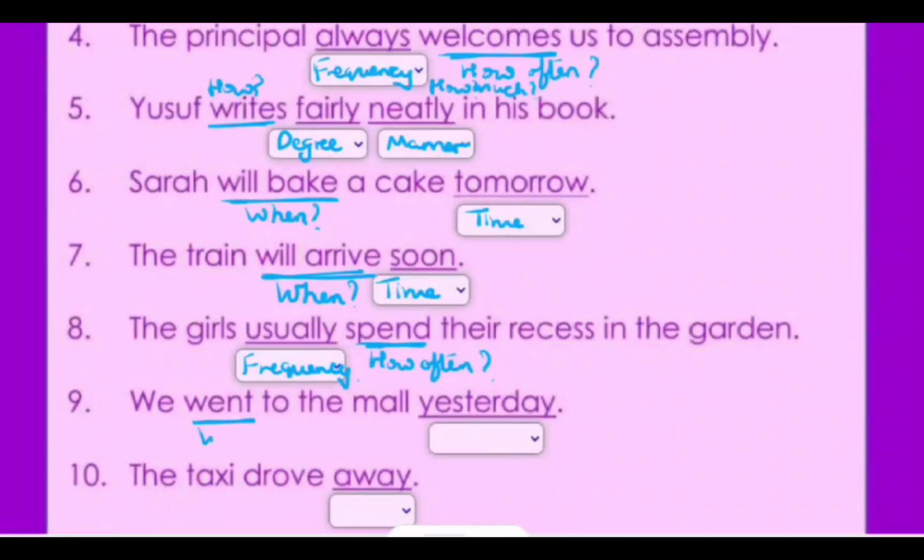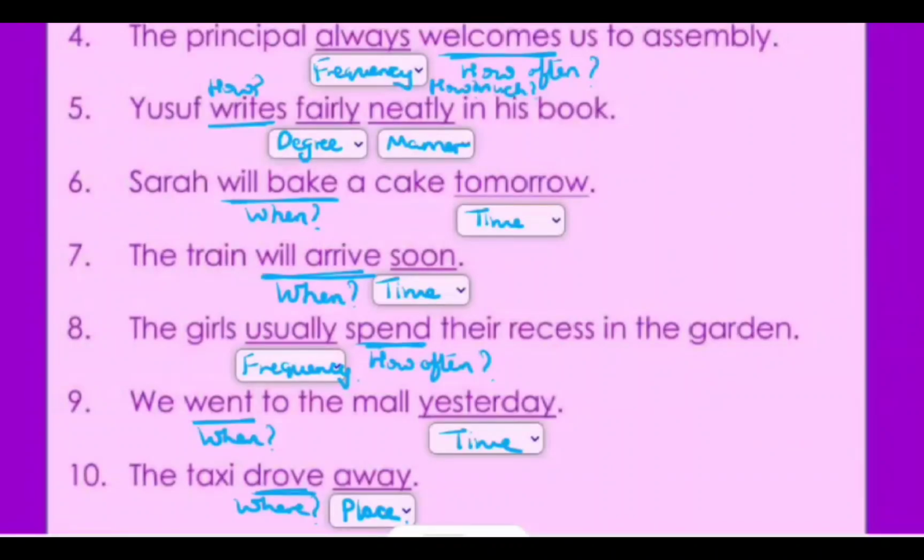Went when? Yesterday. So adverb of time. The taxi drove away. Drove where? Away from us. Where? So this is adverb of place.